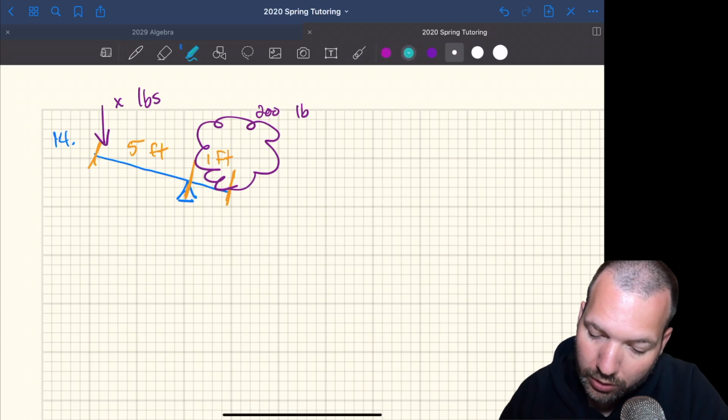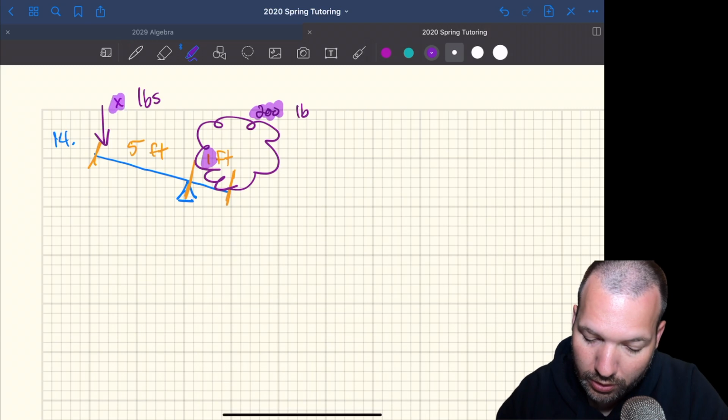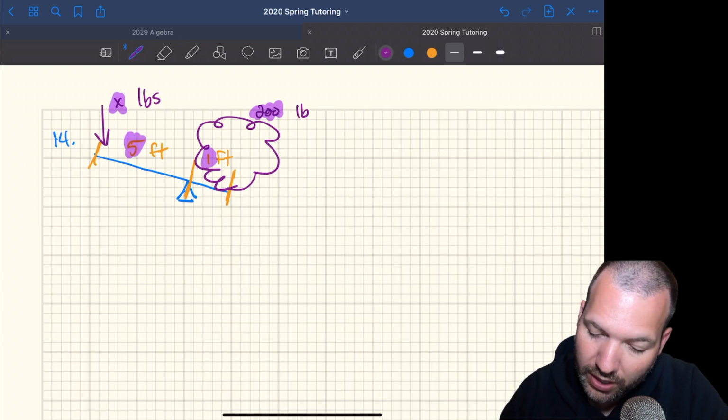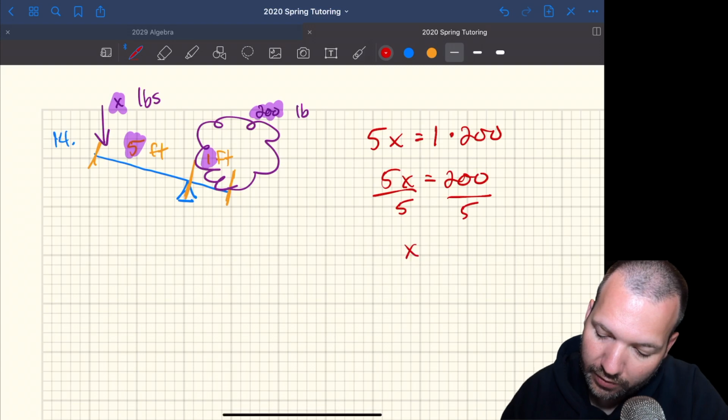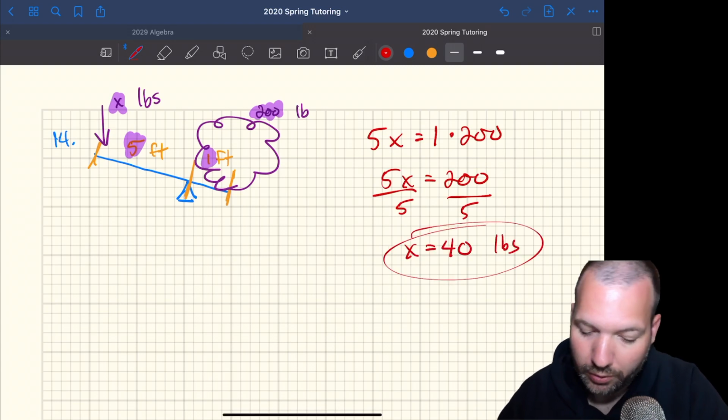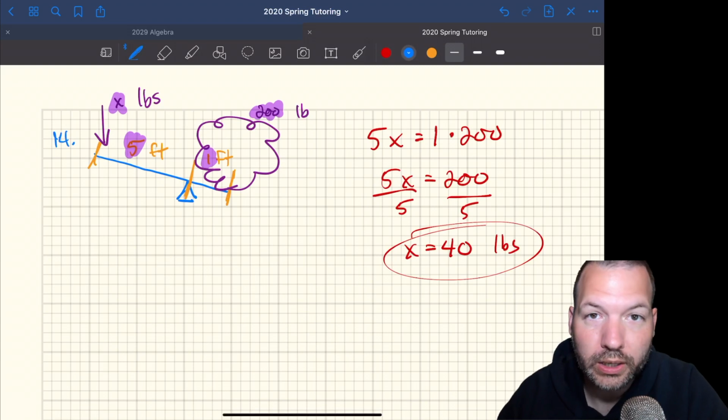Remember, these are inversely proportional to each other. And so what that means is they have a constant product. 5 times x must be the same thing as 1 times 200. So 5x equals 200. Divide both sides by 5. He needs to push down with 40 pounds of force. Good luck, Ken Yi.